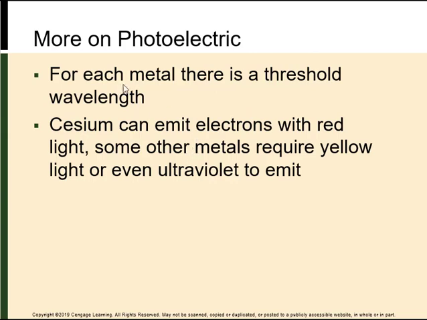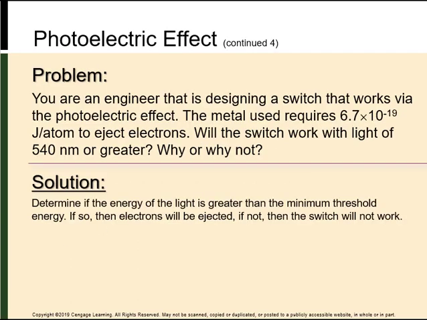And like we just said, for each metal, there is a threshold wavelength. Cesium, for example, can emit electrons with red light. Some other metals require yellow light or even UV light to emit electrons. So let's think about a situation. You're an engineer designing a switch that works via the photoelectric effect.